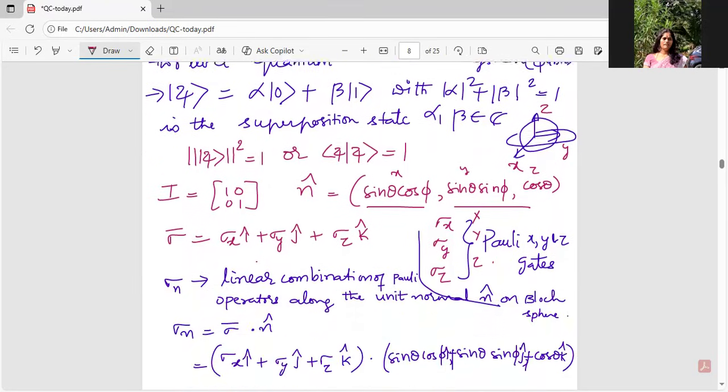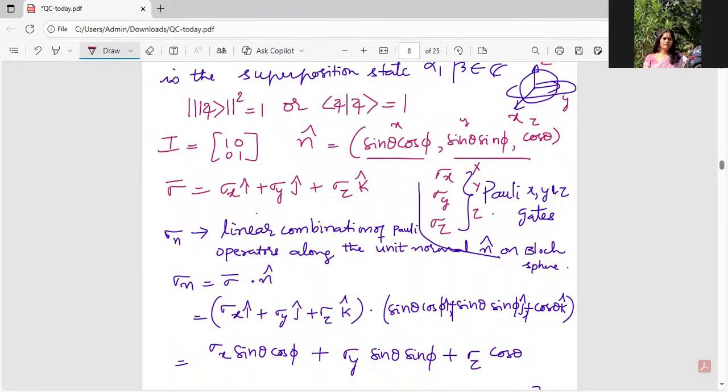Now, if you are asked to find how sigma n looks like, sigma n is nothing but the sigma bar into the unit outward normal that emerges out of the sphere. Now unit outward normal has x, y, z directions, right? X, y and z are in terms of spherical coordinates.